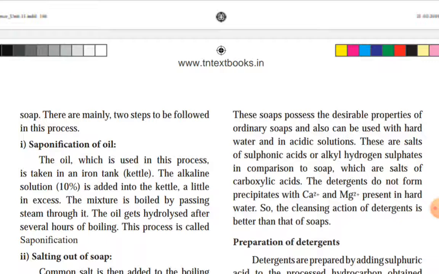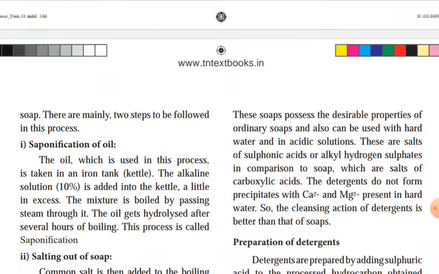When steam is allowed, the oil gets hydrolyzed after several hours of boiling. It is heated for several hours. During that time, the chemical compound is separated by water.